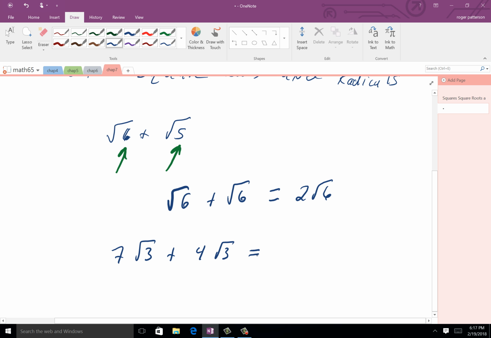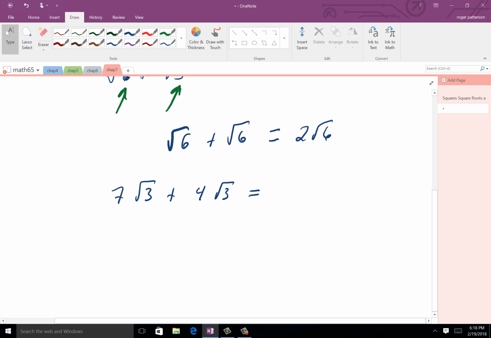And a lot of times, when I teach math 60, and I talk about variables, I always tell students, hey, slow down and read it and understand what it is, because then when you say it, sometimes it's easier for you. So if I say this, 7 square roots of 3 plus 4 square roots of 3, what's that going to give us then? 11. Right, 11 square roots of 3.